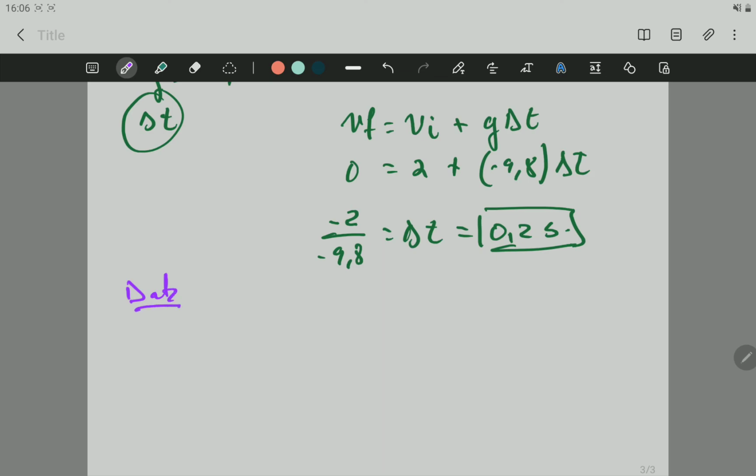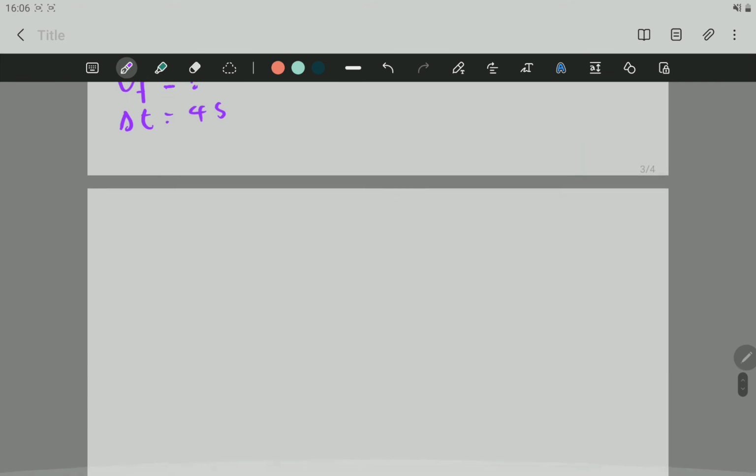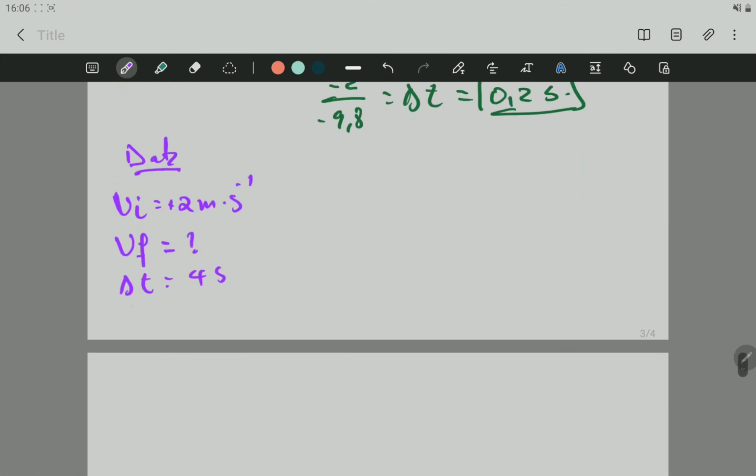Now in that one, we can use the data. The initial velocity is equal to 2 meters per second. However, the force is positive. The final velocity, the velocity of the object reaching the ground, is unknown. The time is equal to 4 seconds. And we know that the acceleration is equal to minus 9.8 meters per second squared.